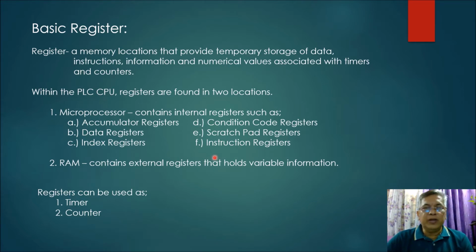And aside from your microprocessor, registers can also be found in your random access memory or RAM. The RAM contains the external registers that hold variable information. So the conditions of the switches and so on, or the output, for example, the coil, are temporarily stored in your random access memory before they can be transmitted towards your internal registers.